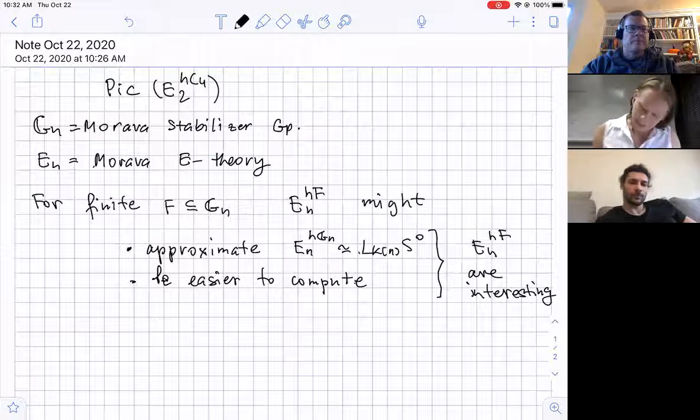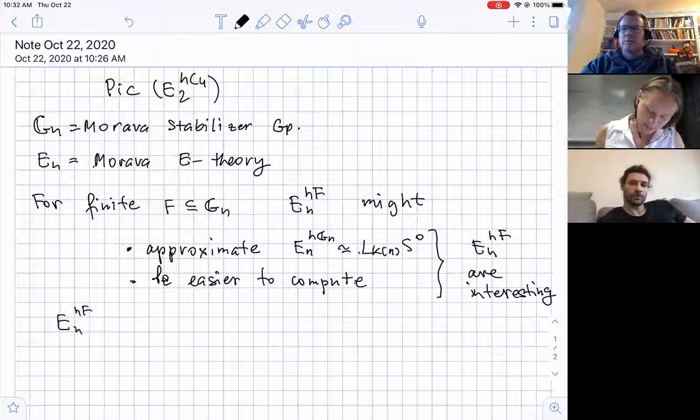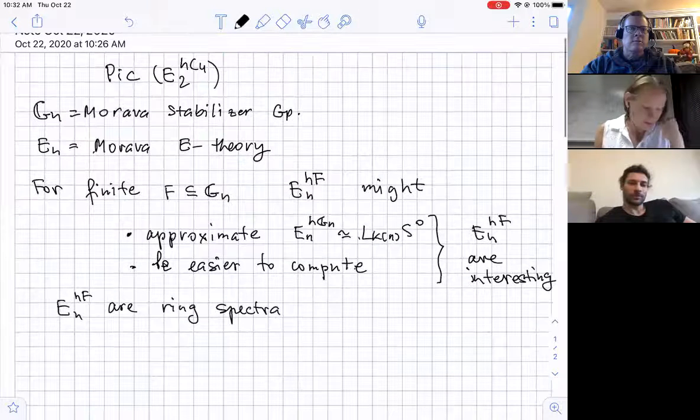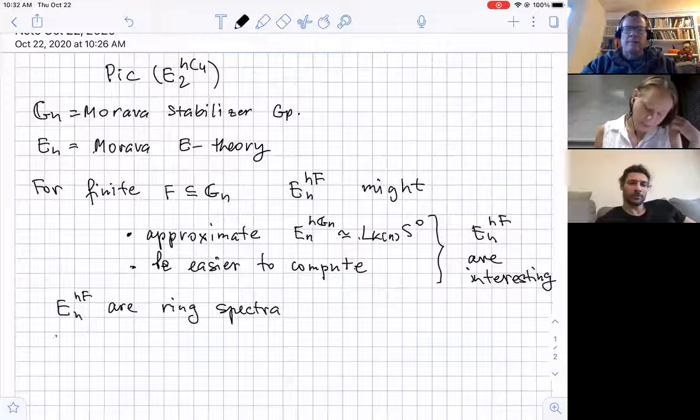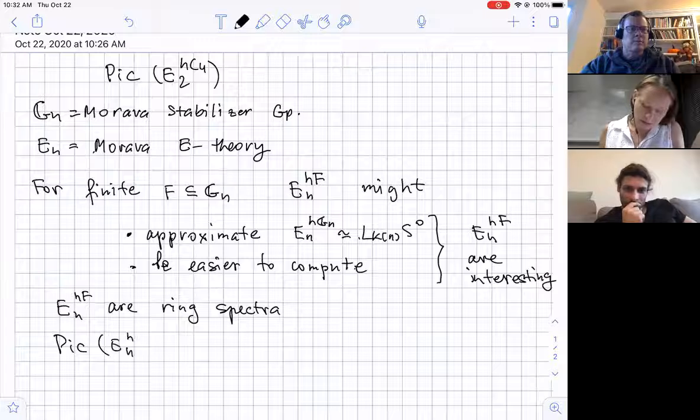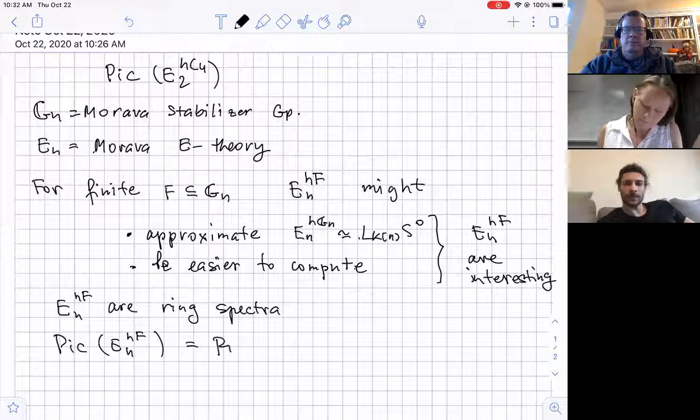All right, so these spectra are ring spectra, and so we can consider the category of modules over them, and then we can ask, what is the Picard group of this category?